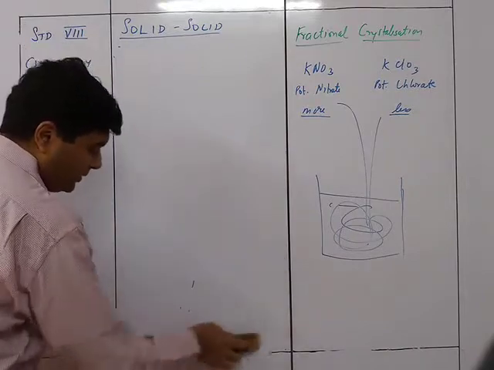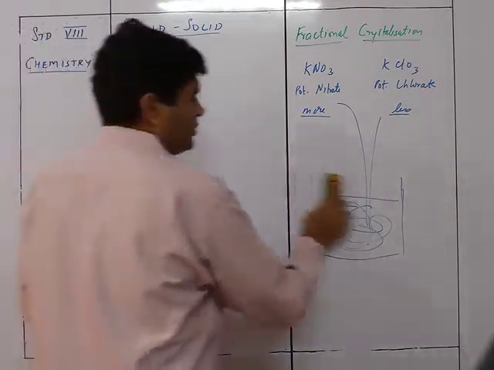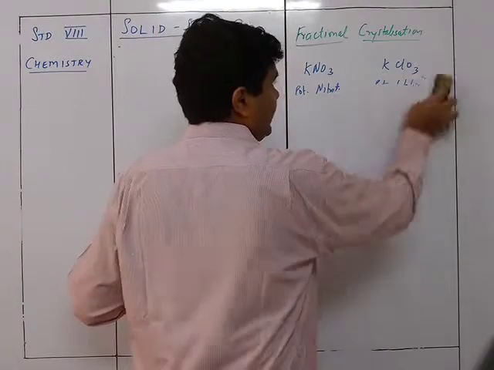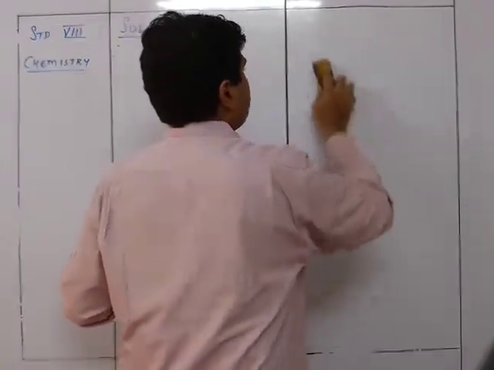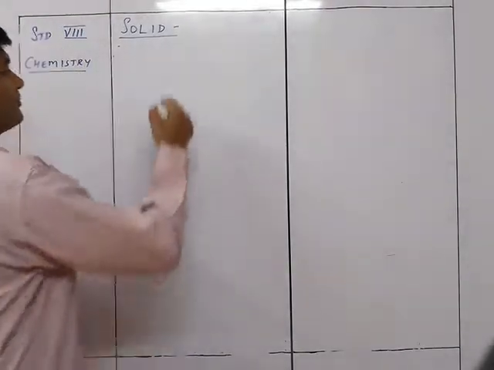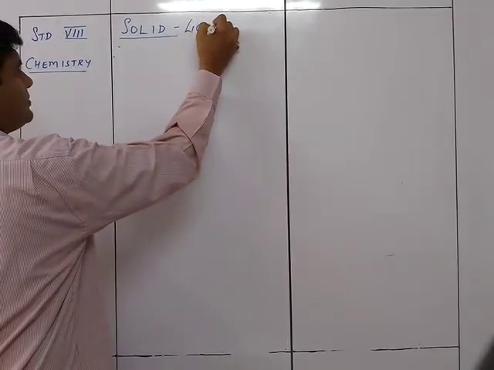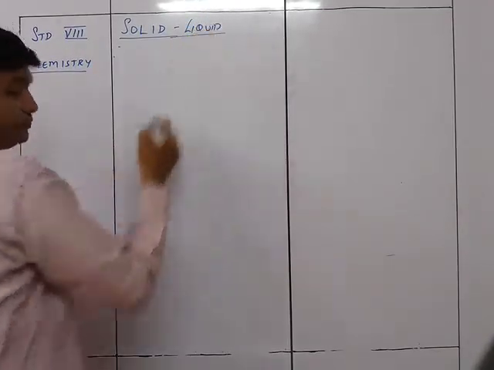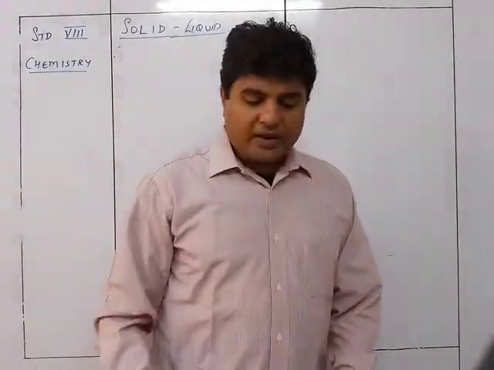So now we have a solid and a liquid, both mixed together, and we need to separate them out. So it is a solid liquid mixture.